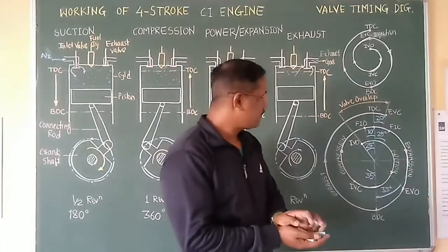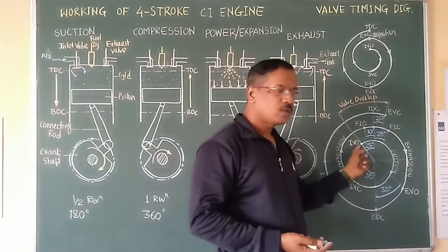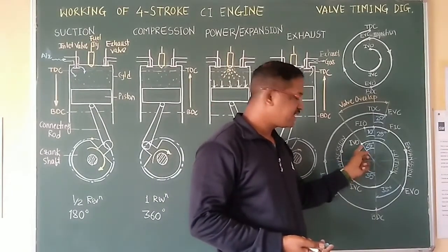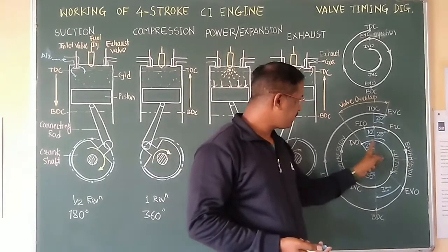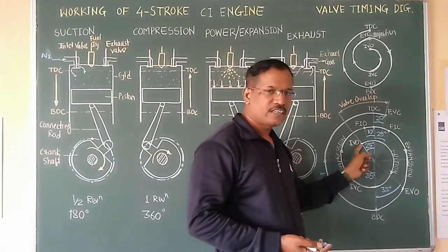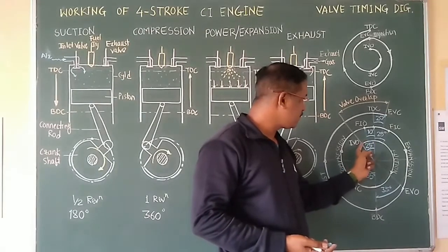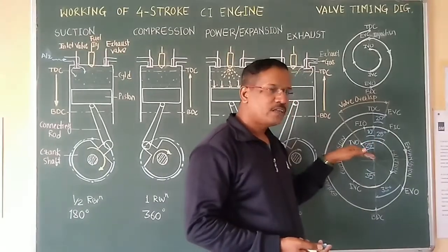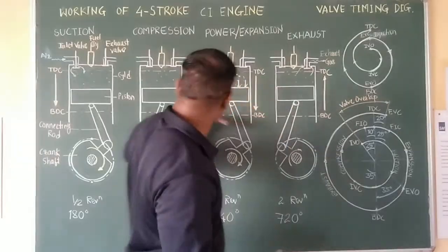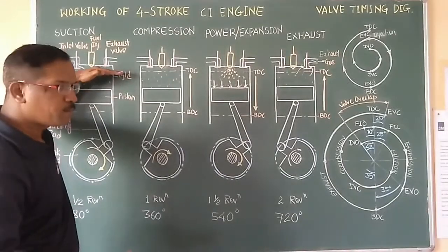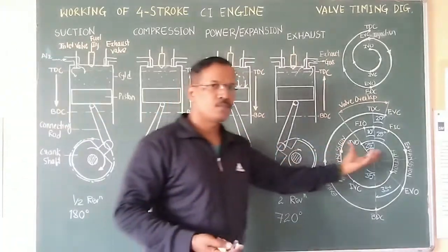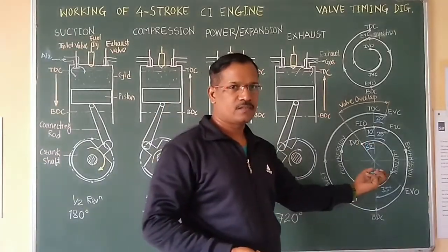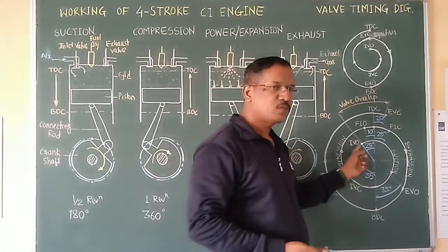So again, the similar question. If the inlet valve of the second cycle opens 25 degree before TDC and the piston is moving towards TDC, so volume wise the piston is moving towards TDC and we are saying there is an intake of air, suction of air. How is it possible?